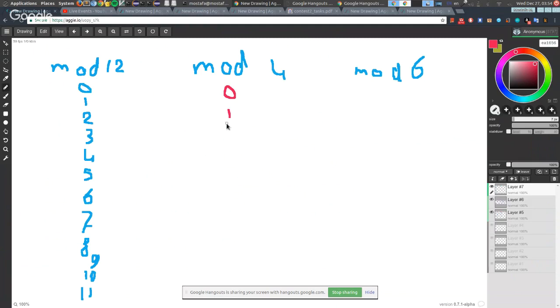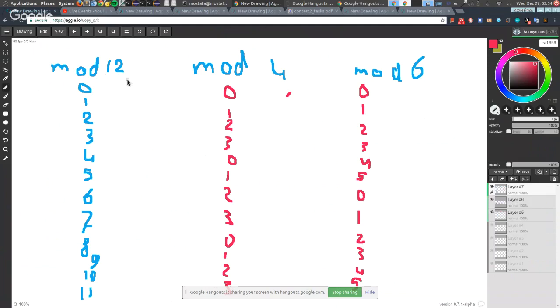This is 0, 1, 2, 3, 0, 1, 2, and this will be 0, 1, 2, 3, 4, 5. Basically here we have this pair 0, 0, then 1, 1, 2, 2, 3, 3, 0, 4, 1, 5, and so on. So it still is the same system here.